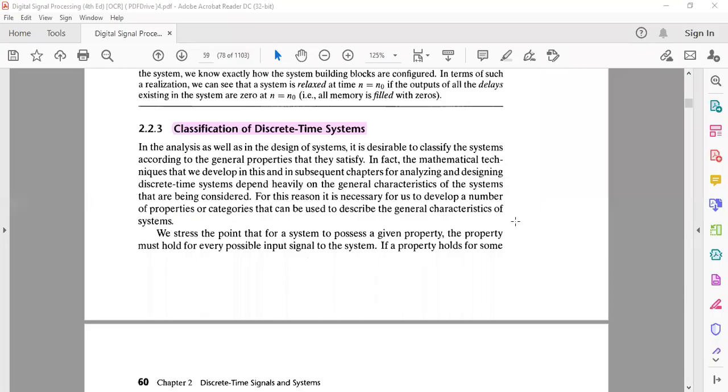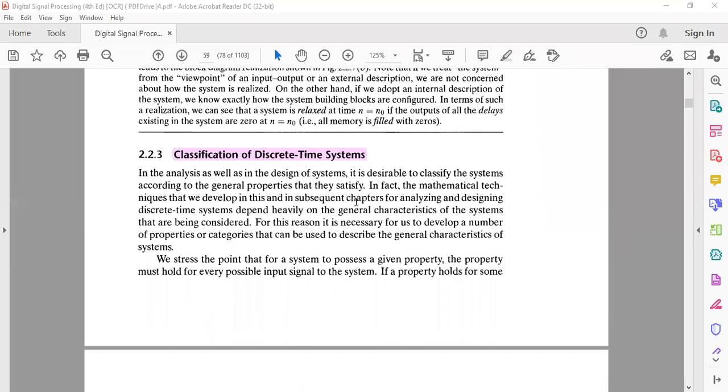Great. Classification of discrete time systems. If you remember, we said discrete signals are obtained from continuous analog signals through the process of sampling.